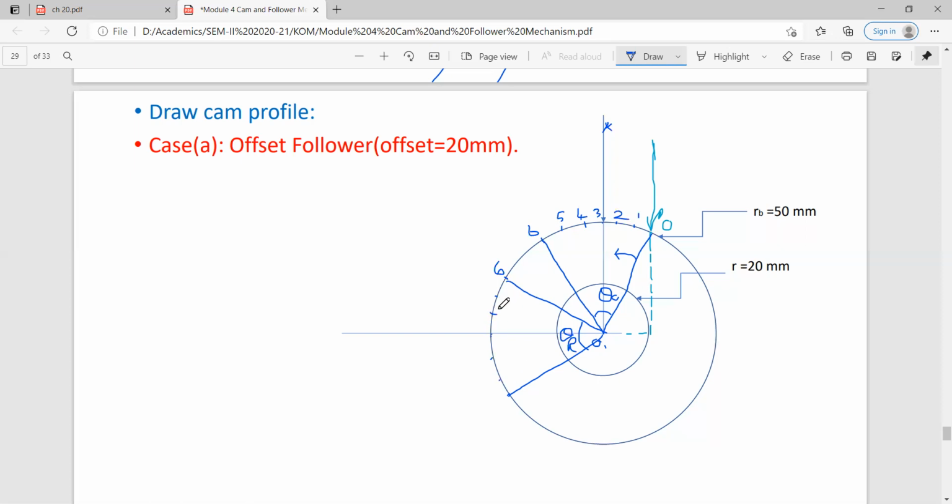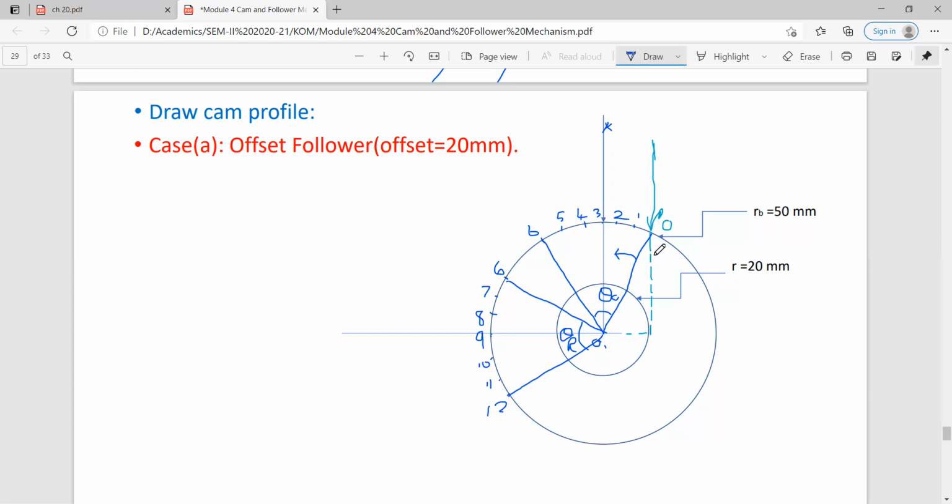You will draw it with measurements. Okay, this line may not be at this point. It may happen. Here it is 7, 8. Okay. Then at this point it is 9, 10, 11, and 12.